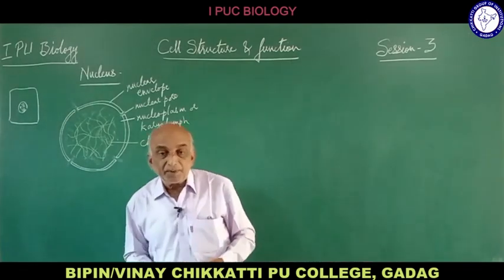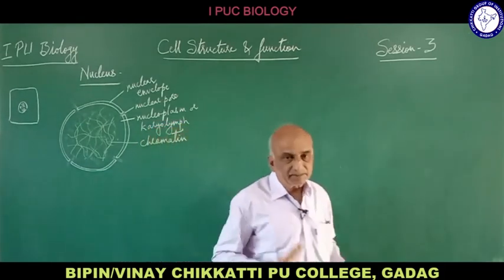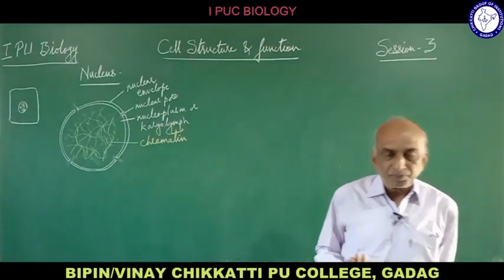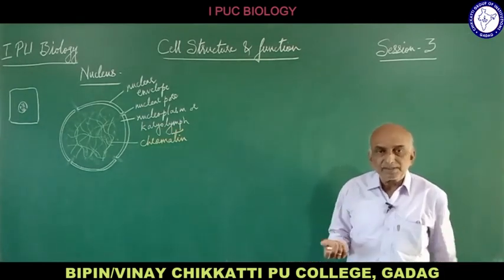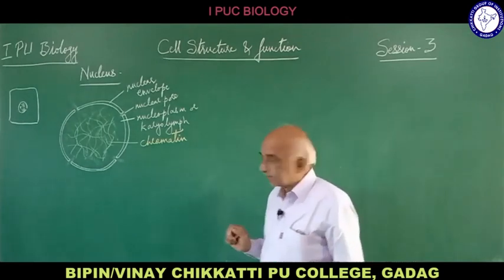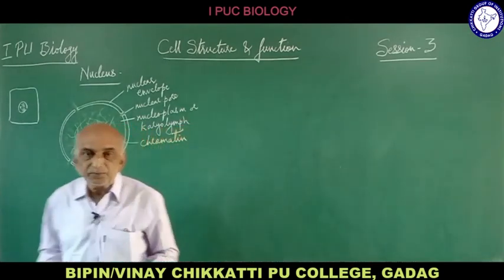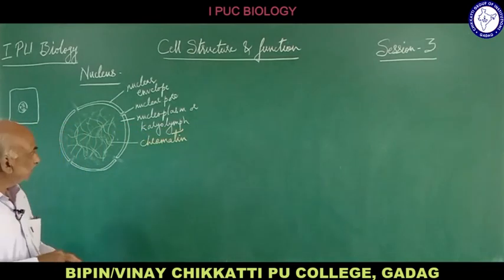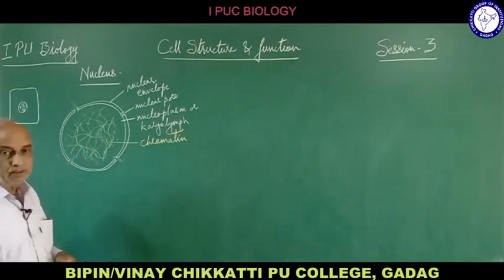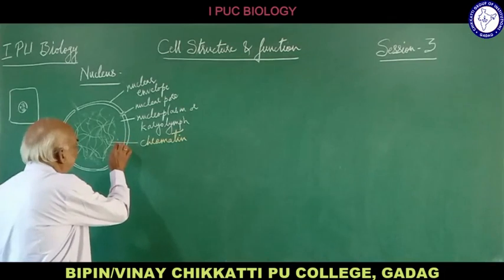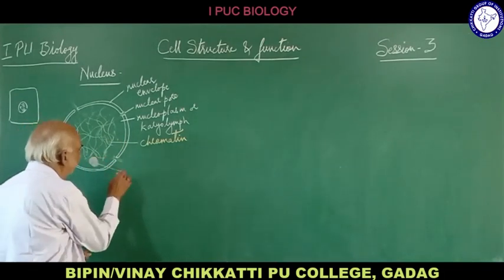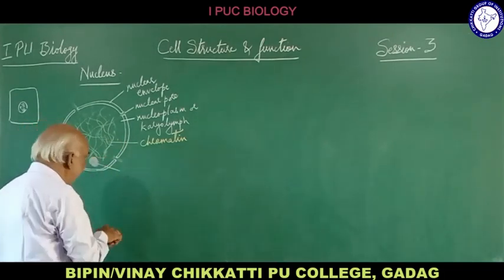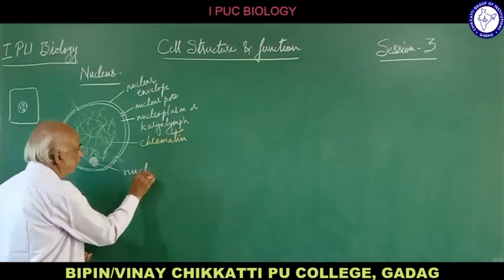So the chromatin is made up of DNA and proteins, the proteins being histones and non-histones. That is the composition of chromatin. In addition to this, inside the nucleus there is a dark spherical body. This spherical body is called the nucleolus.